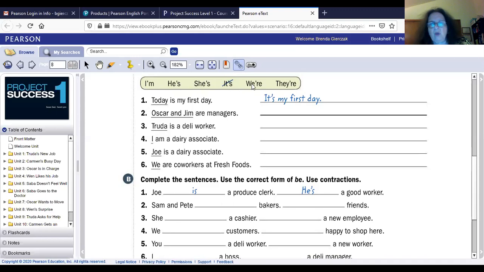But if you look at we're, there's 4 letters, W-E for we, and then the apostrophe takes the place of the A for A-R-E. So it's we're, and then they're, T-H-E-Y apostrophe R-E. So you're going to want to write that down right here. They're friends.